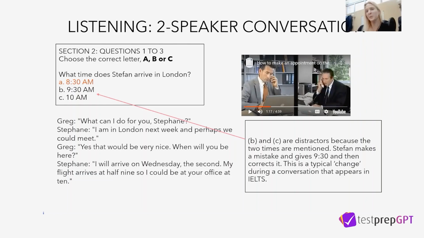So that is a typical example of what you will hear in IELTS, somebody correcting himself or somebody changing his mind. So in the answers, number B is the distractor, because you see the word 9:30, but actually it's not correct. The correct answer is 8:30.